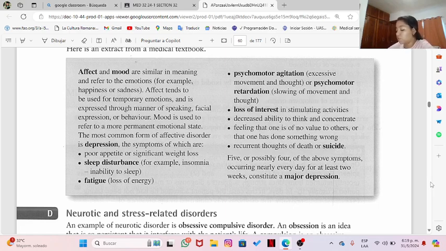Five, or possibly 4, of the above symptoms occurring nearly every day for at least 2 weeks constitute a major depression.